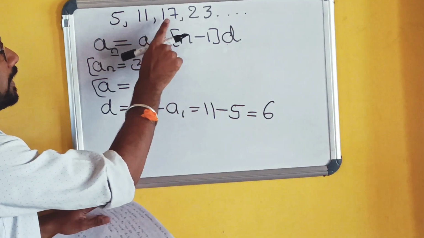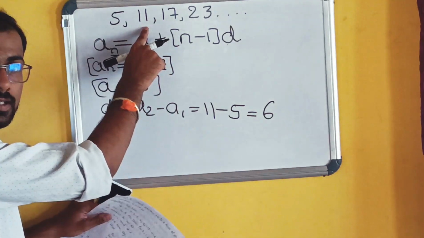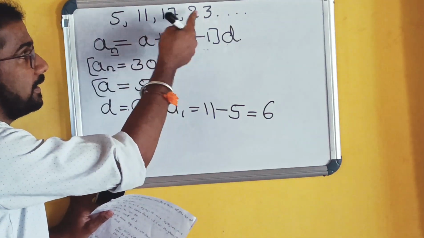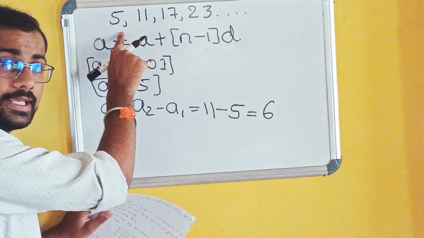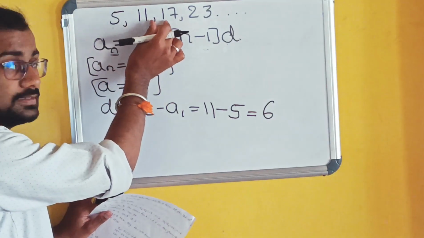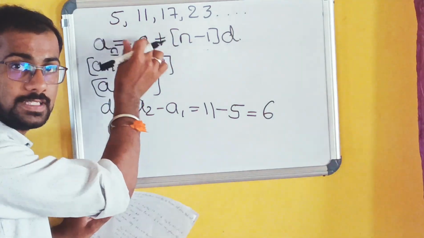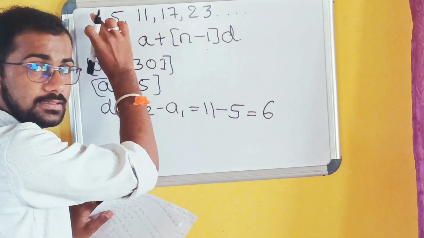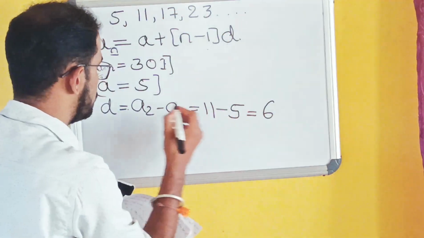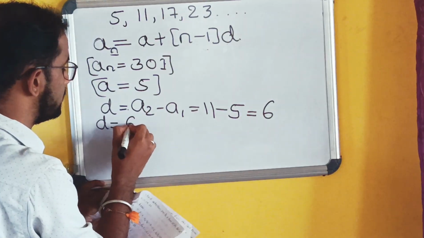Then 17 minus 11 is also 6, and 23 minus 17 is also 6. Since the common difference is fixed between consecutive numbers, this is an arithmetic progression. So we calculated d as 6.